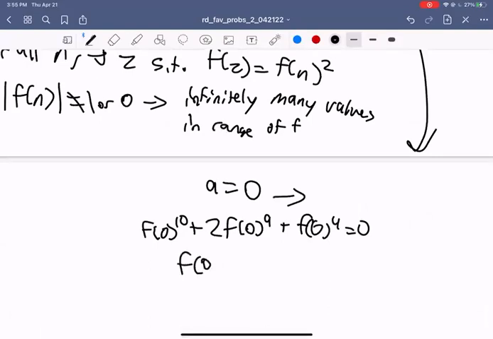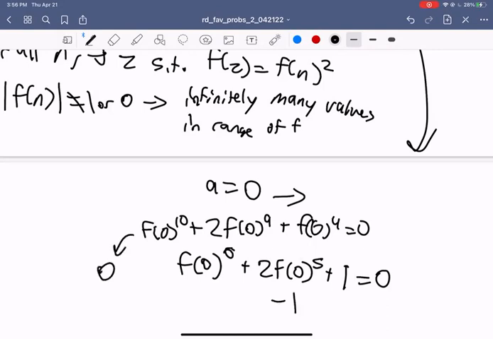So f(0)^6 plus 2 f(0)^5 plus 1 is equal to 0. And an obvious solution to this is -1. And also a solution to this is 0. If it's not 0, then we can reduce it to this.